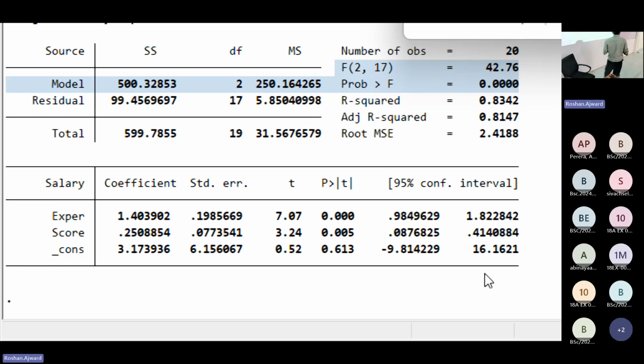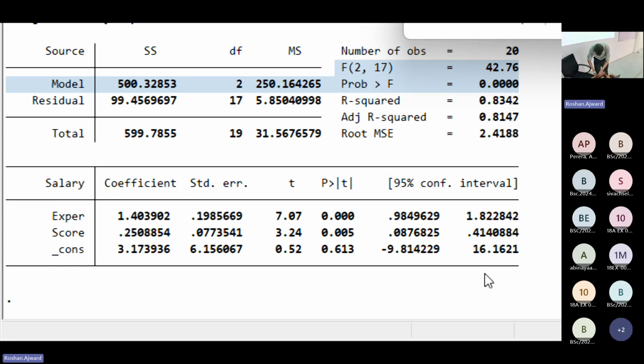Y equals alpha plus beta x. So if I ask you to write now the equation, can you write the equation? You can. By looking at this, now you will be able to write the equation.